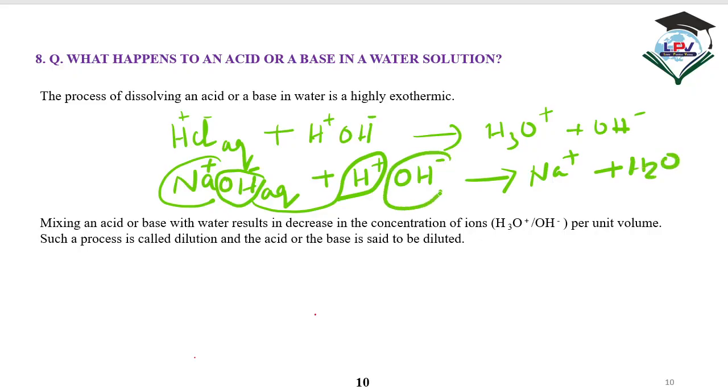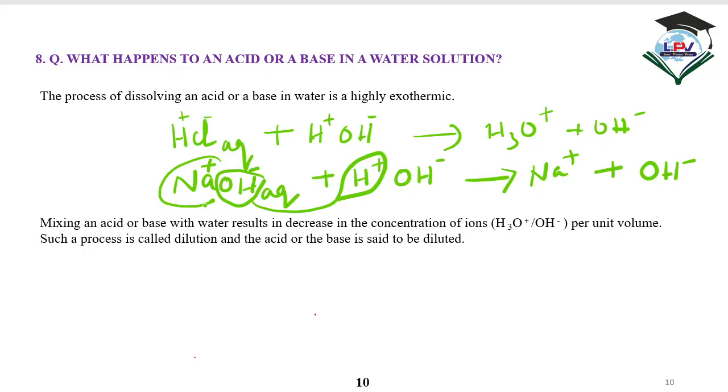And again, there is a hydroxyl ion remaining. In this case, we are not interested in this water. In a simplified way, we can write that Na plus and OH minus ion is formed. I wrote it for your understanding.